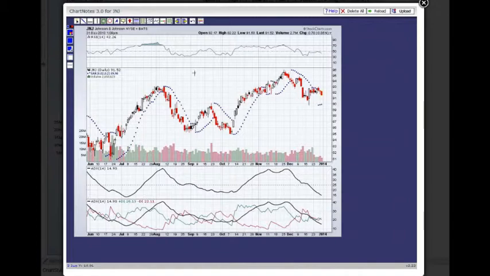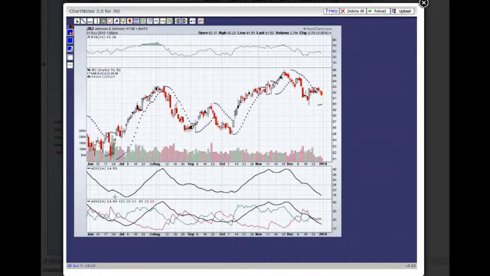So he puts these mathematical calculations together. Again, if you're interested in the math, under chart school here at StockCharts, they have all the math for you. But basically he draws a positive directional index, a green line, and a negative directional index, a red line.